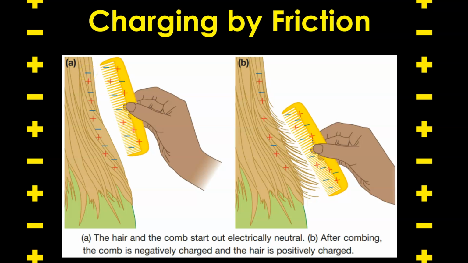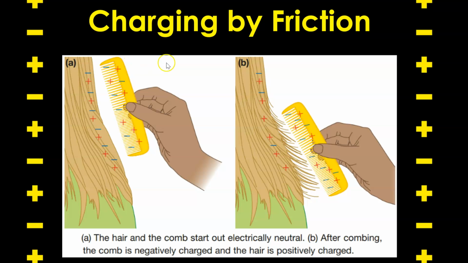It has an overall net charge of 0, because there are 6 negative charges and 6 positive charges. So neutral, net charge of 0. The comb is also neutral: 6 negative charges compared with 6 positive charges. The overall charge is 0.